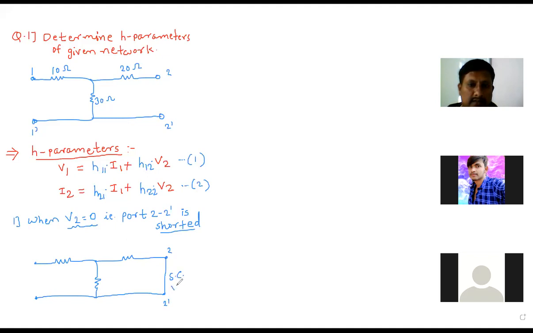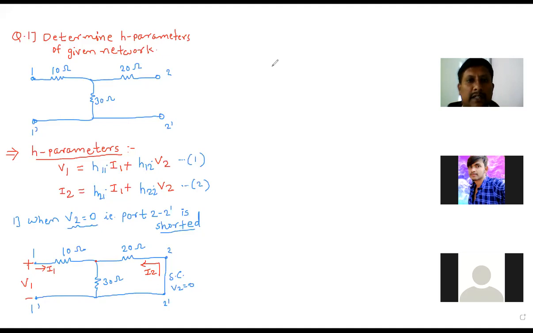This resistor is 20 ohm as it is, this is 30 and this is 10 ohm. This is 1 1 dash. Now mark the variables: V2 equal to 0 is already marked. This current flowing in this direction is I2, this current is I1, and this voltage, plus minus, is V1.